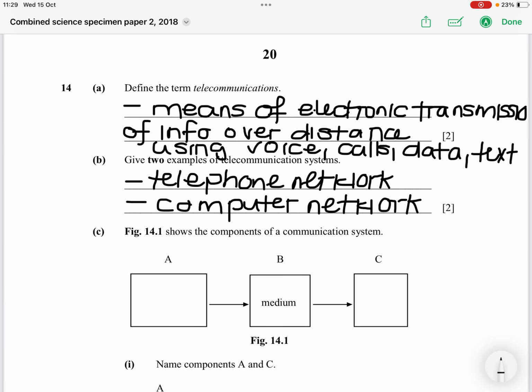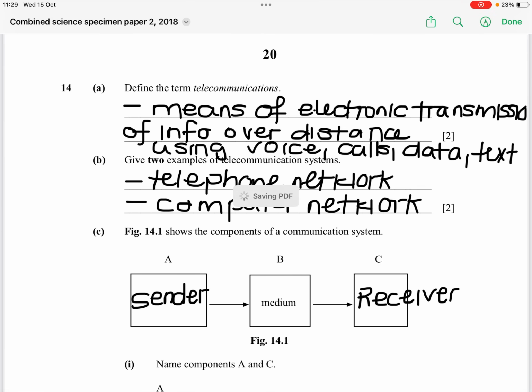Fig 14.1 shows the components of a communication system. Name the component A and C. So A is the sender, while C is the receiver.